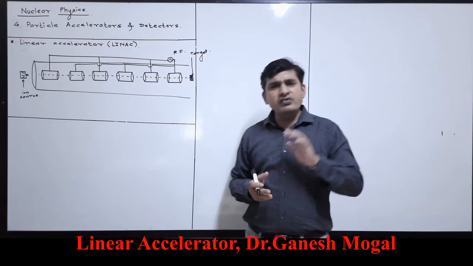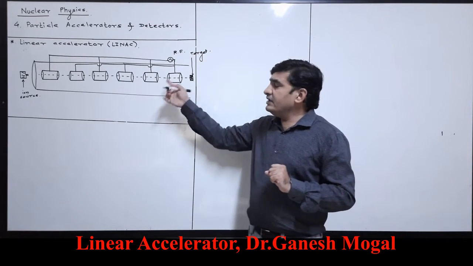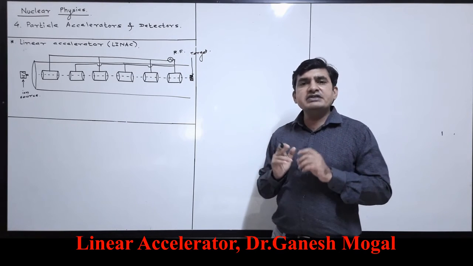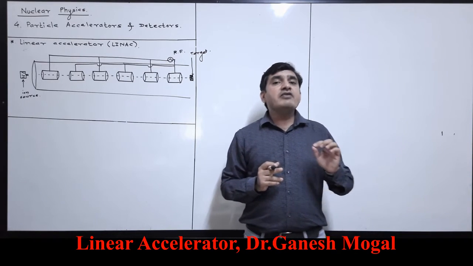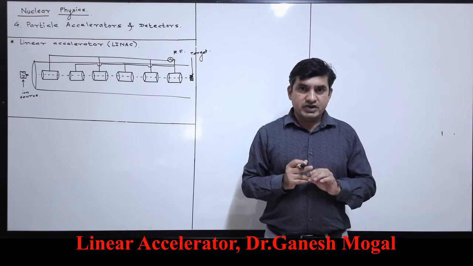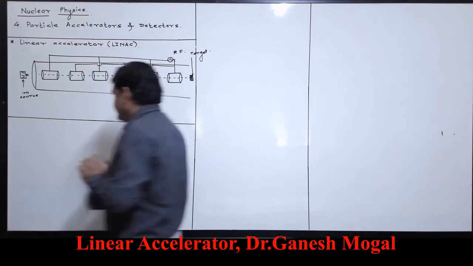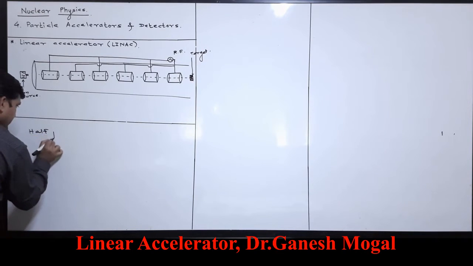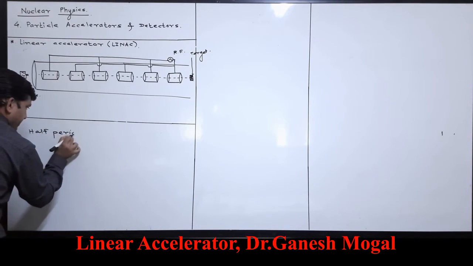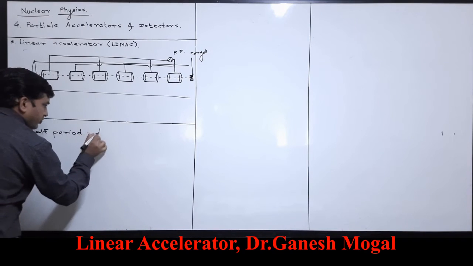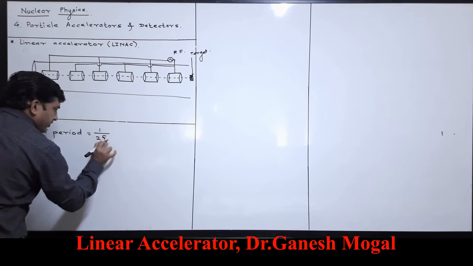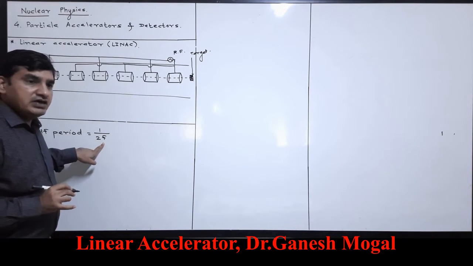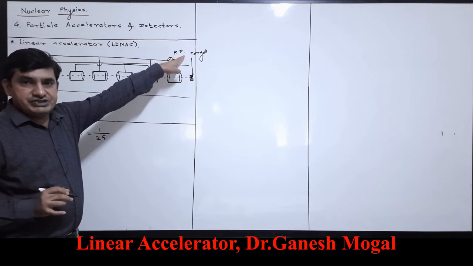Friends, now we have to find the length of this electrode. We can say that the half period is equal to 1 upon 2f, where f is the frequency of the applied potential.